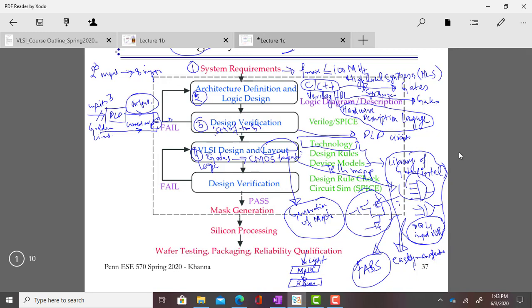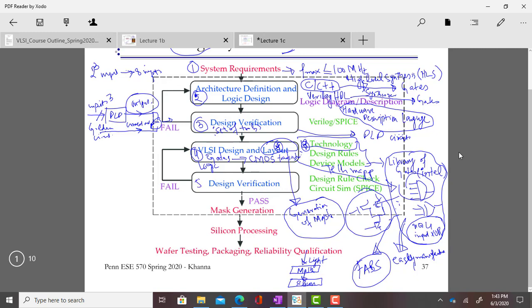So this fourth step has two parts, technology mapping, this one, and layout generation. These are the two main parts.